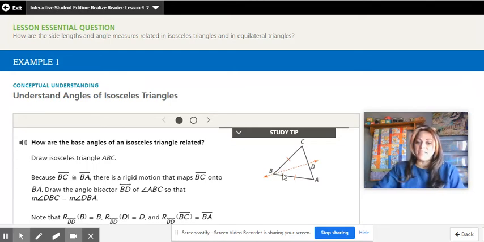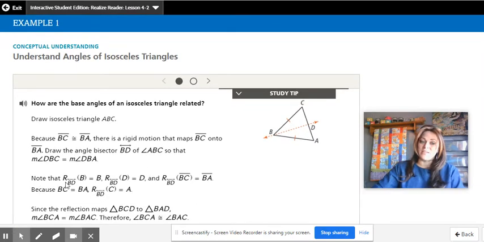Okay, so these two sides of the angles are congruent. And it says, note, the reflection across BD of point B. So look at point B. If it reflects across this line of reflection, it's not moving. And that's what that says. Same with point D. If it's on the line of reflection, it's not moving. So D reflects onto point D.